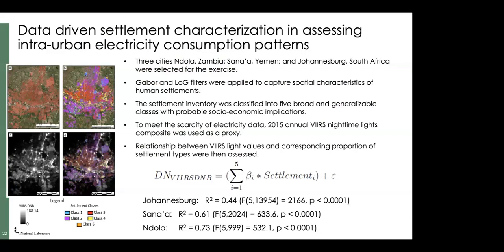His question was, can I validate what I just said about energy demand by looking at the correlation between nighttime lights and these different kinds of neighborhoods? It is not like 90% correlated, but the correlation is fairly strong. So there is some validation of how well these work. The R squared values range from 0.1 to 0.3, but then you get Johannesburg, which didn't work as well as we had expected.